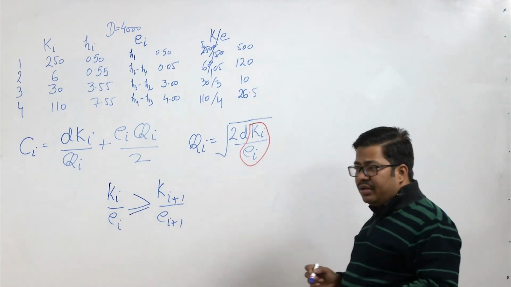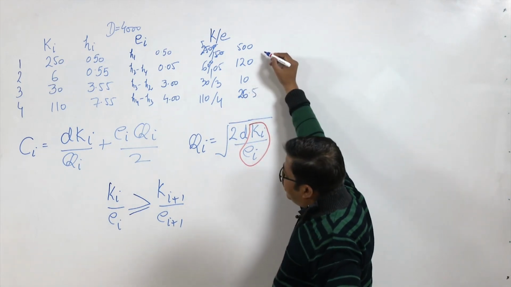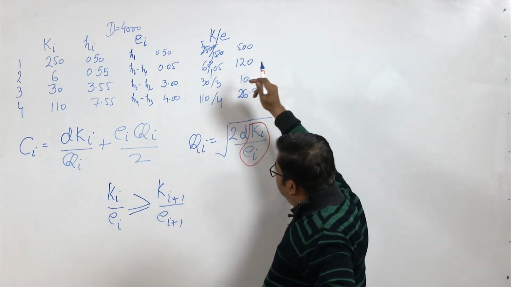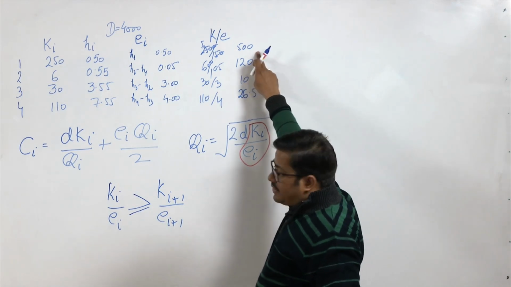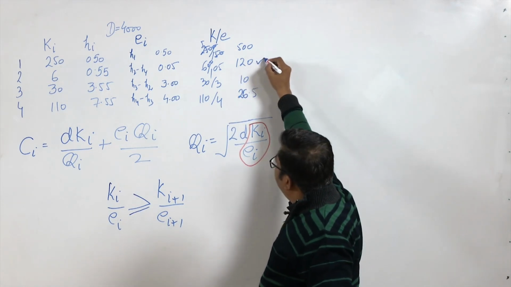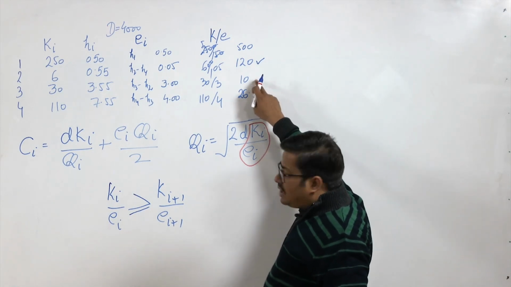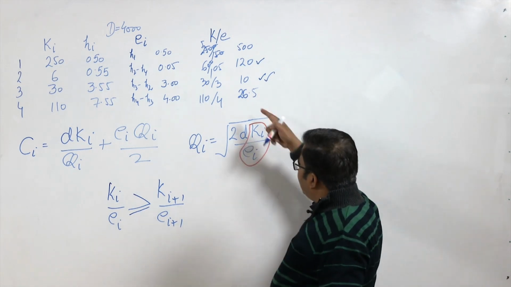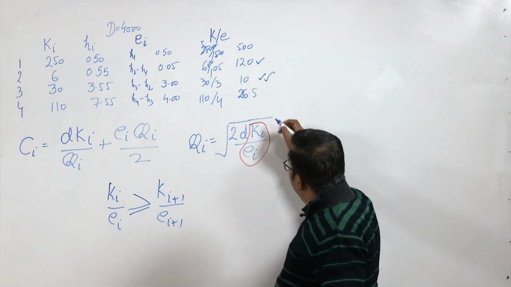Now you see the values. 500, no problem, we cannot say anything here, but the next value is less than this first stage. So this is okay. The next value is 10, which is much less than 120, absolutely okay. The next value is 26.5. Oh, not possible.